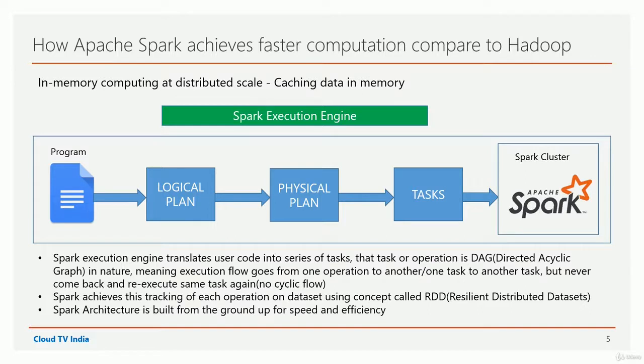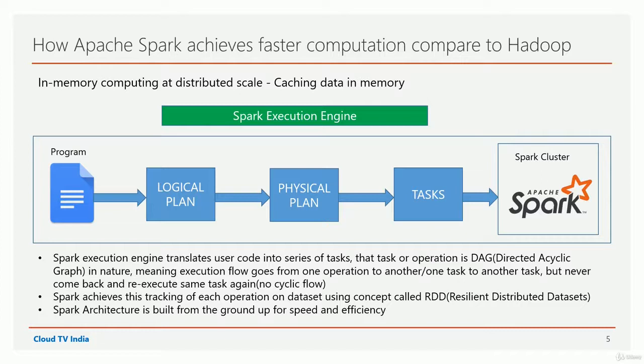When you talk to people about Spark, they say Spark does the execution in DAG manner. What is DAG? DAG is a directed acyclic graph. So all your series of tasks are DAG in nature.